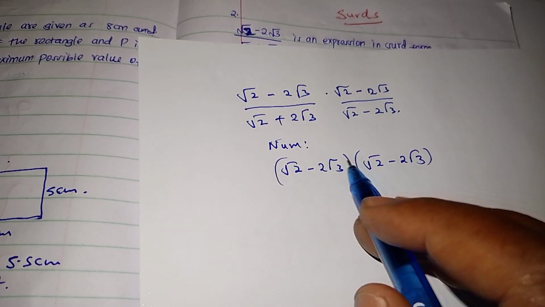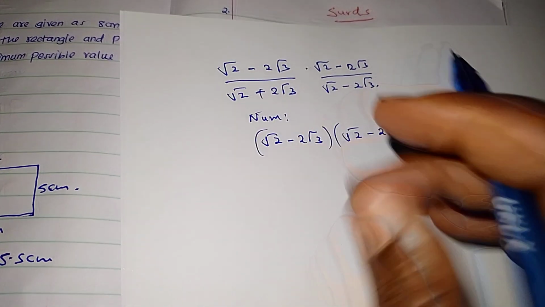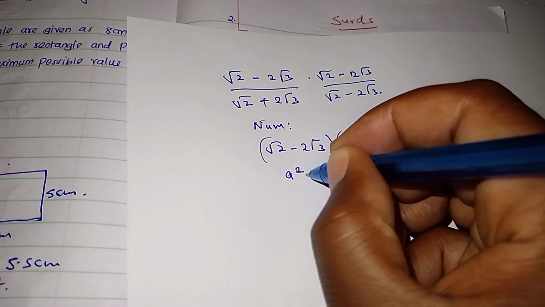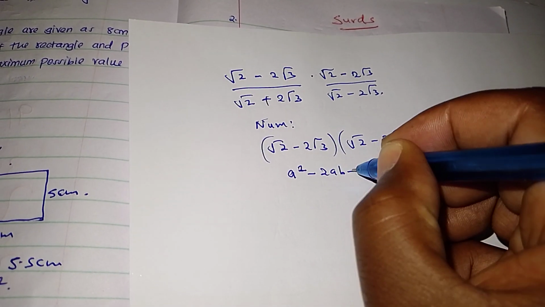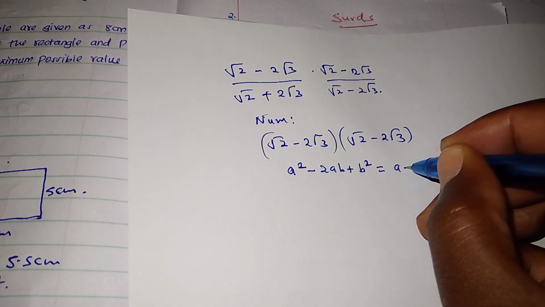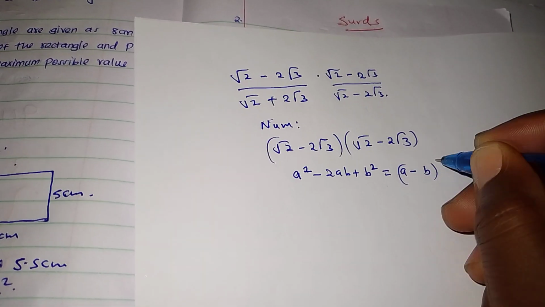Now if you look at these two terms, they are similar, so we can use the simple rules of expansion. This is a perfect square, A minus B quantity squared.